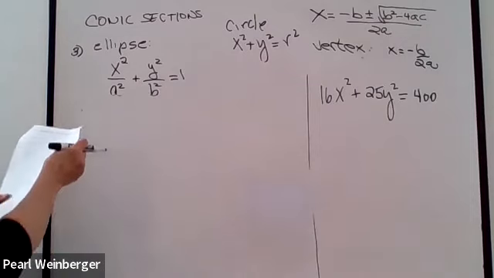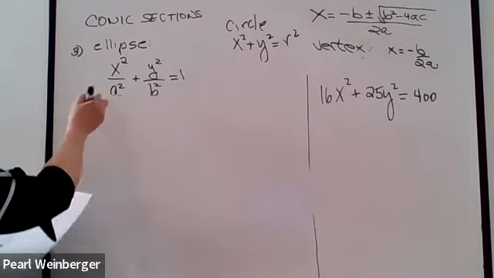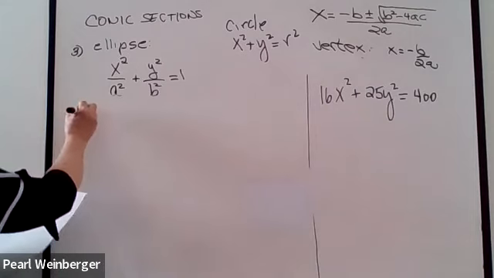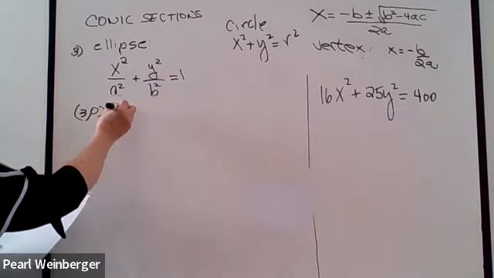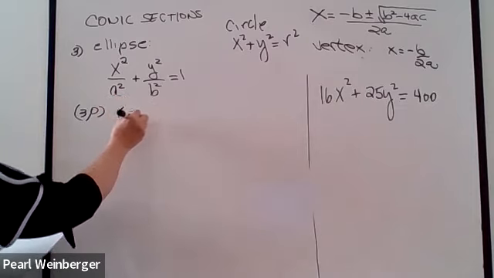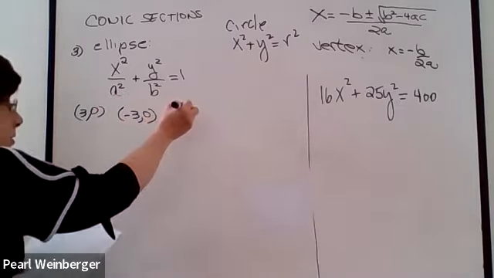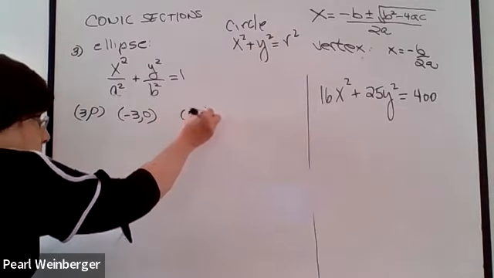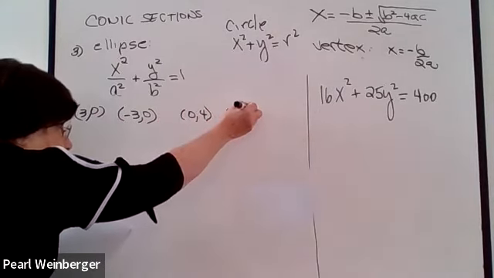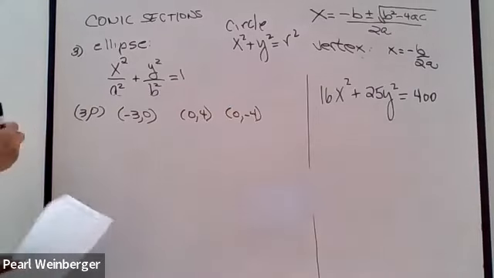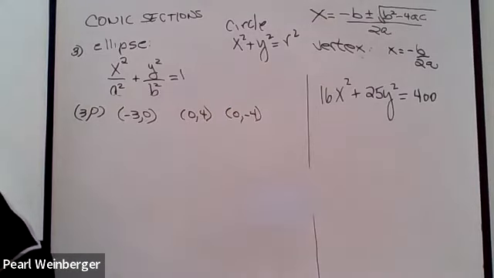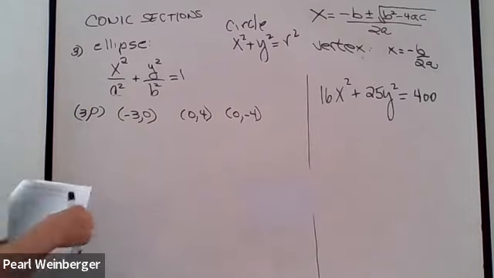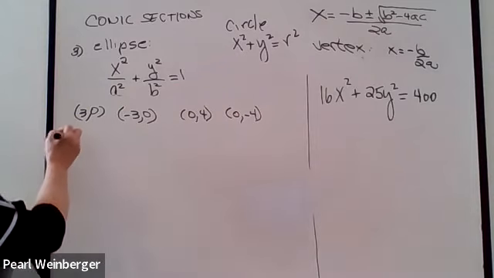Give the equation of the ellipse with the intercepts (3, 0), (-3, 0), (0, 4), and (0, -4). Here I'm going backwards. I'm giving you what the intercepts are, and I'm asking you to write the equation. And this is, as I said, a multiple choice question.